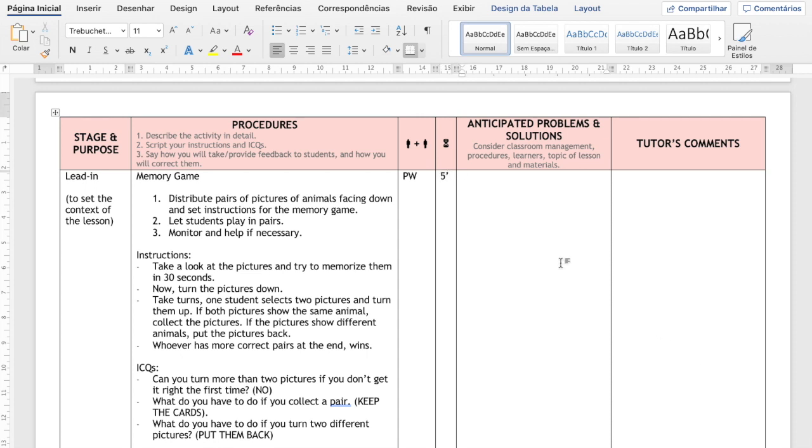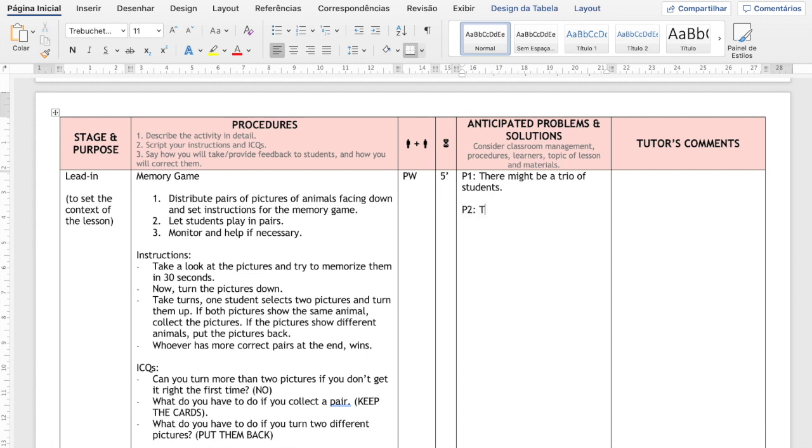And last but not least, you have to consider problems and solutions in relation to classroom management, procedures, learners, and materials. For instance, problem 1. There might be a trio of students.